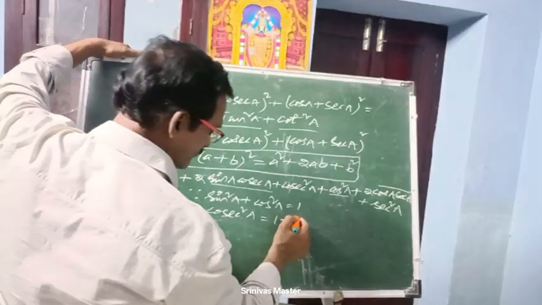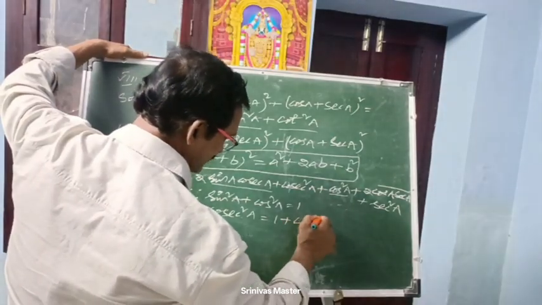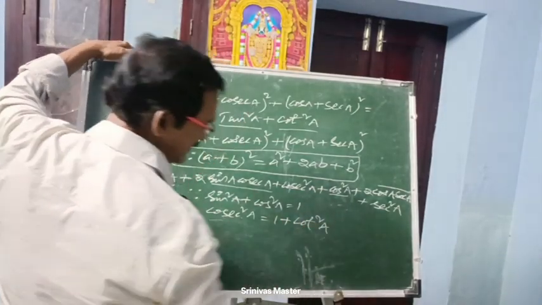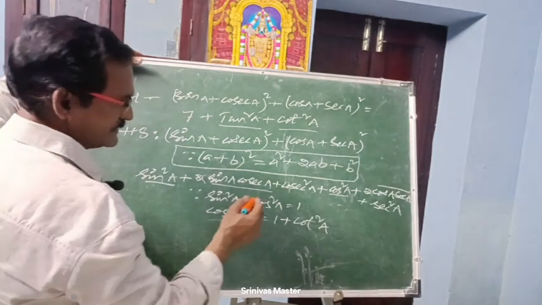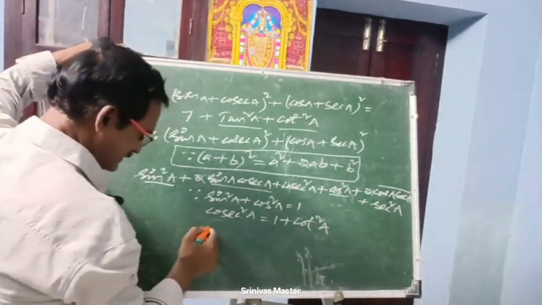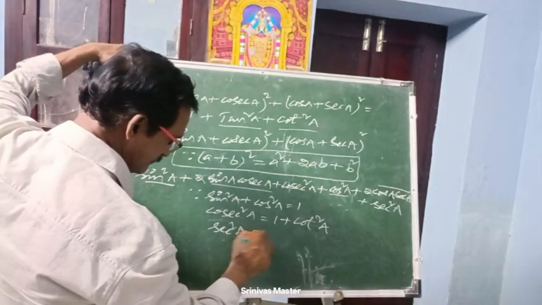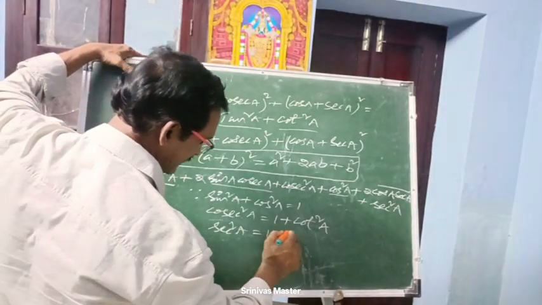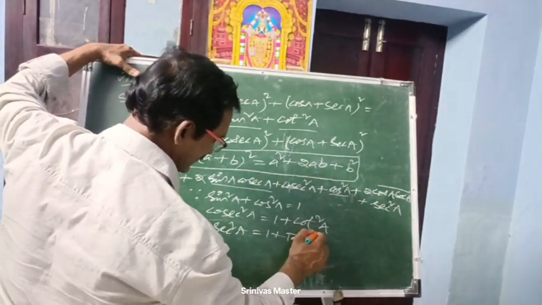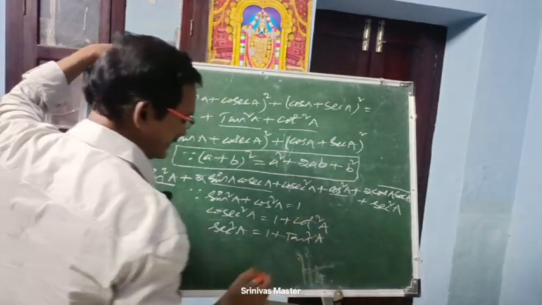Cosec square A equals 1 plus cot square A, because here the angle is A. Next, sec square A equals 1 plus tan square A.